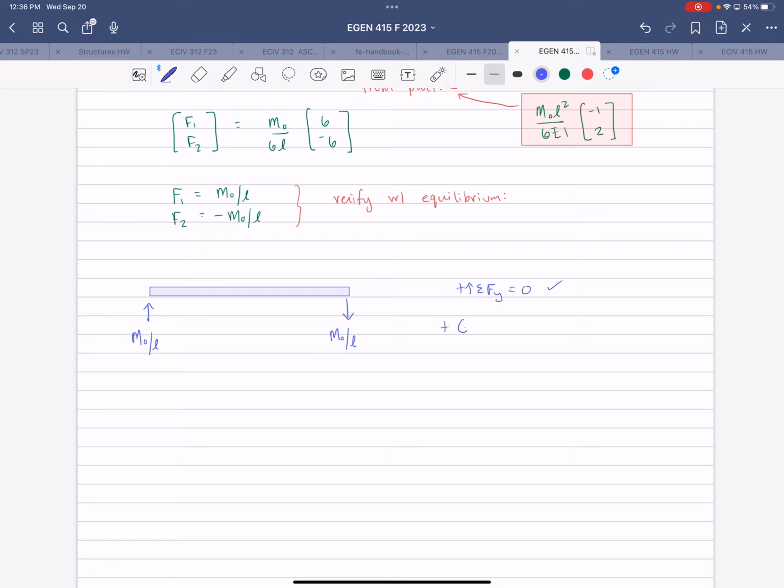All right, sum of moments about any point, I'm going to choose node 2. For this one, it's not quite as obvious to the naked eye, so I'm going to go ahead and write out the whole equation. We have negative m naught over L times the length L plus, I forgot to include our applied moment, right?